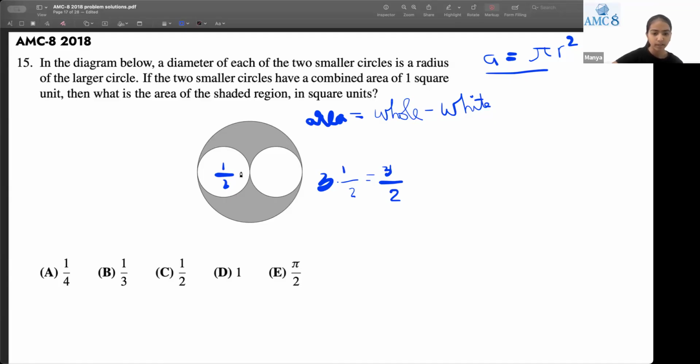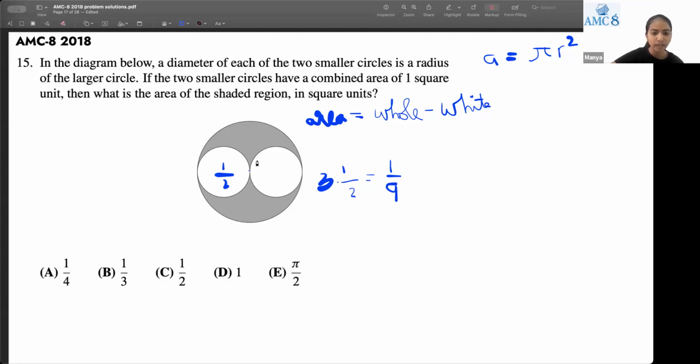Actually, the radius is not 3 by 2, it's actually 1 by 9, because we're going to have to do the 1 by 3 squared to find the radius of this part.